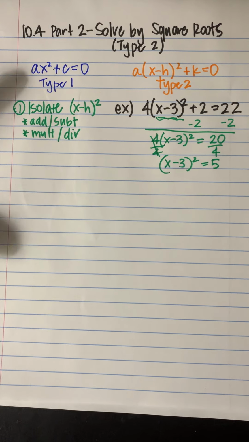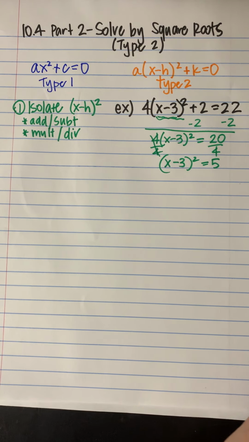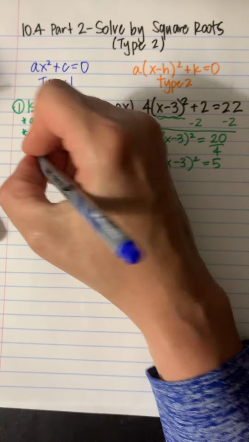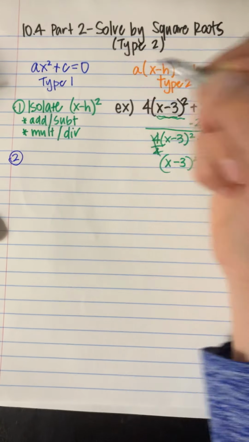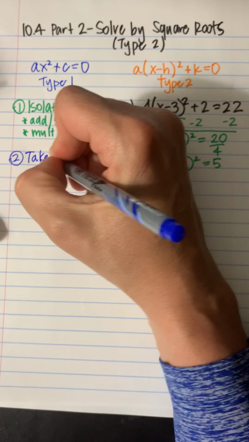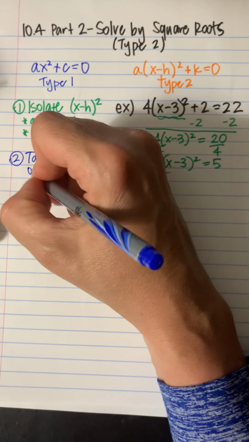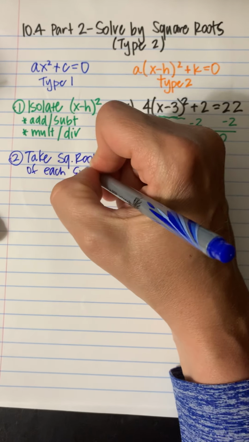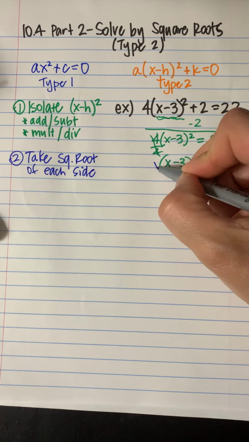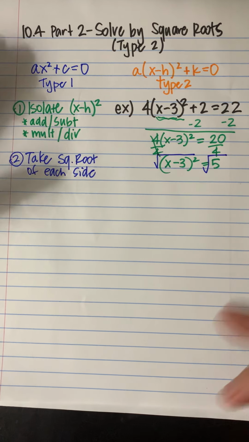So I am going to take the square root of each side. In this case, I take the square root here and take the square root here.